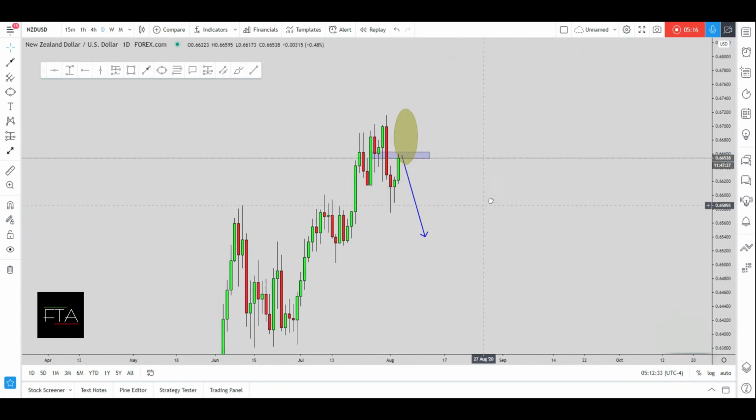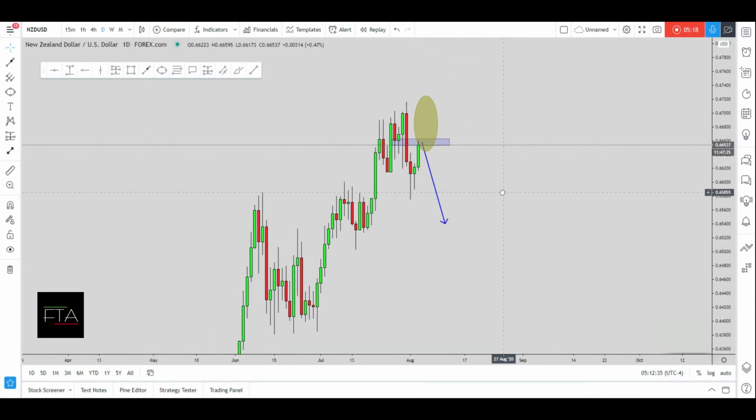If it does, we will add NZD USD on the watch list, and as soon as the market provides one of our valid entries, we will take a nice short with a very good risk to reward and very good probabilities for the move to the downside, completion of this impulse correction impulse pattern to the downside, and to see the market create a lower low.